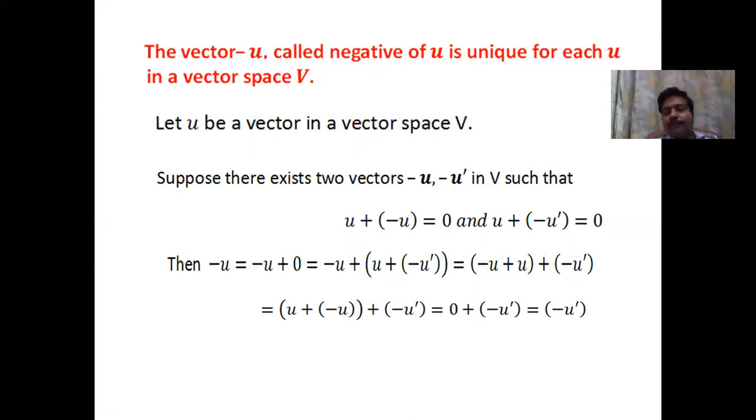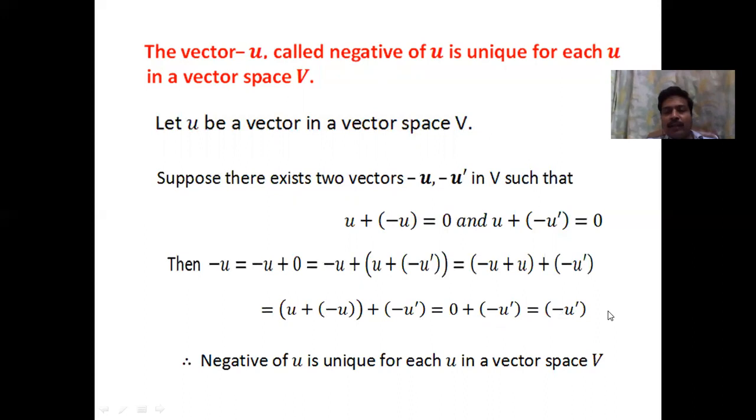By that, we can exchange the first two: minus U means U plus minus U, and that is added to minus U dash. U plus minus U is O from this one, since minus U is the negative, and O plus minus U dash is minus U dash, since O is the zero vector. So here we got minus U is equal to minus U dash.